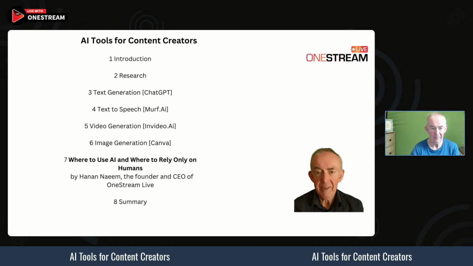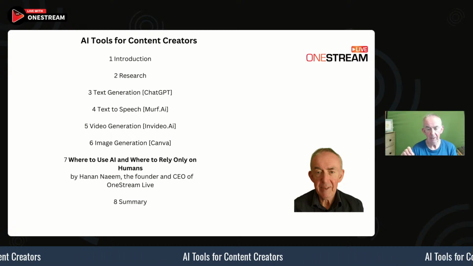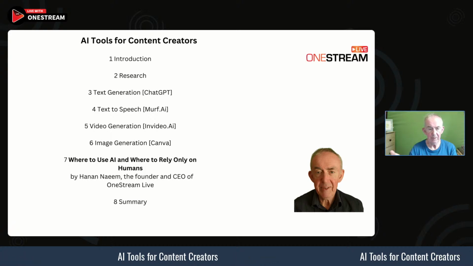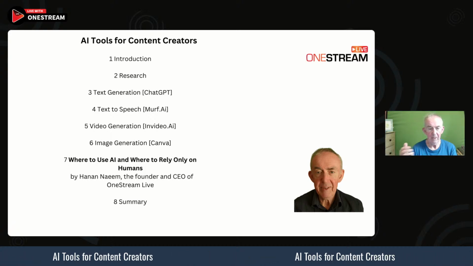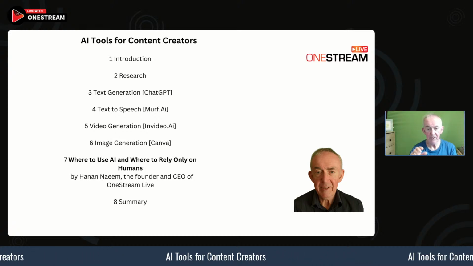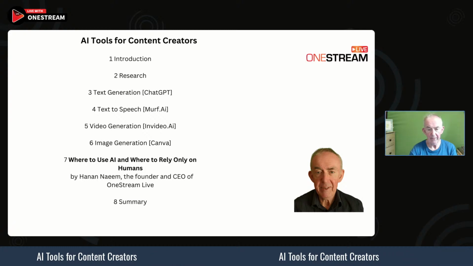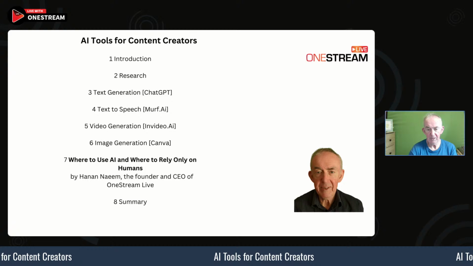It talks about AI. And we talked about text generation, using ChatGPT to generate the introductory paragraph to a blog or the introduction to a video. And then if you're doing an introduction to a live broadcast or a podcast, you can use Murph.ai to turn that text into speech.